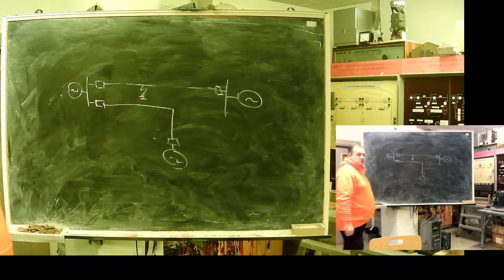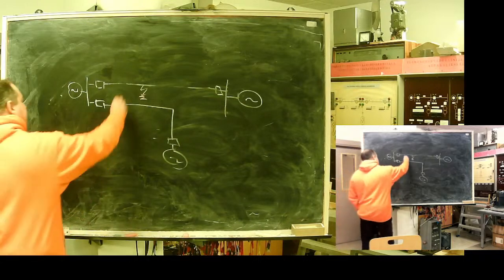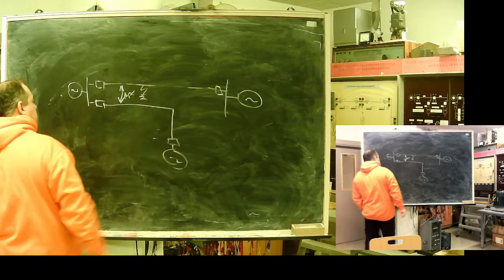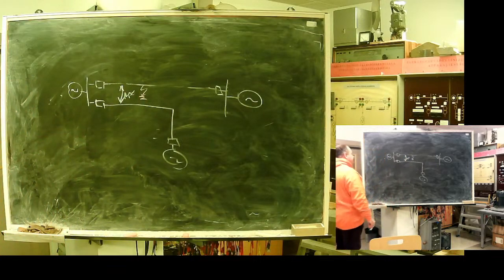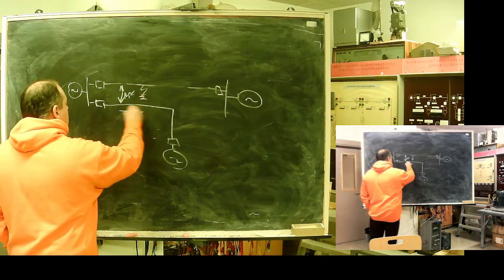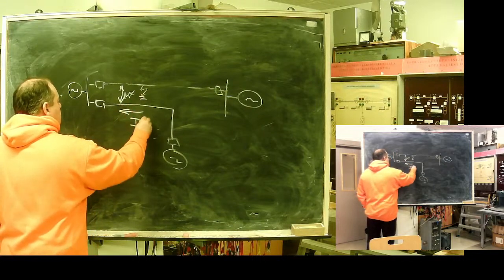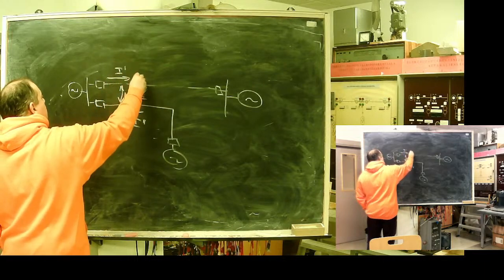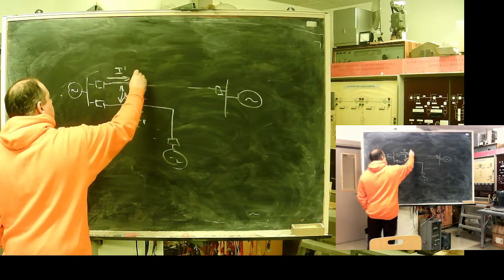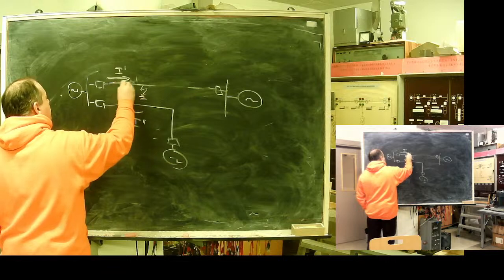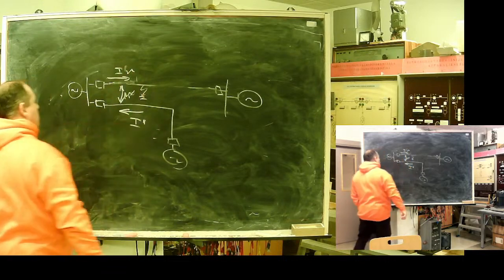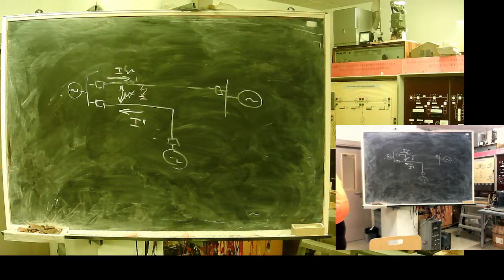Line with partial neutral inductance. Here, current, here we have a problem.